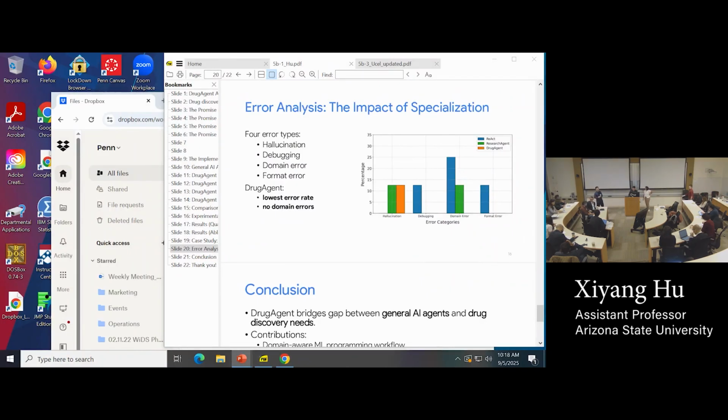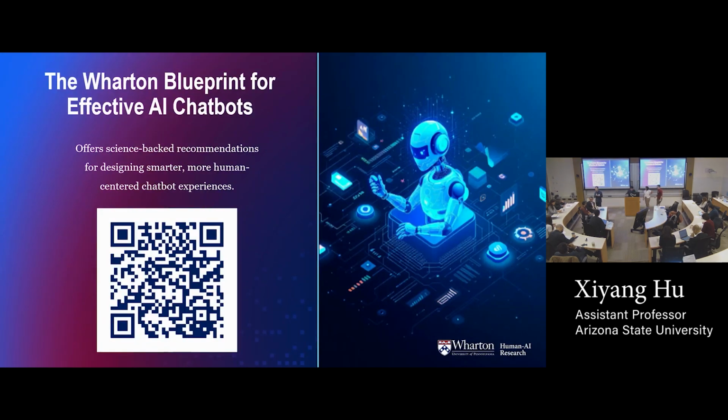We incorporate these domain-specific libraries and tools into the instructor agent. The intuition is, one, it diversifies the solution space, and the other is a reflection loop. So I think that's why it improves.